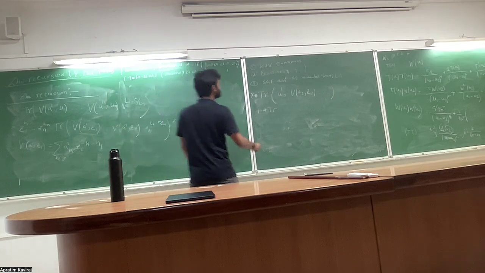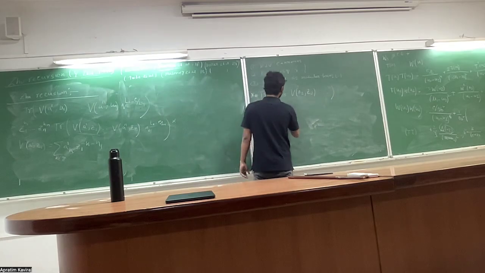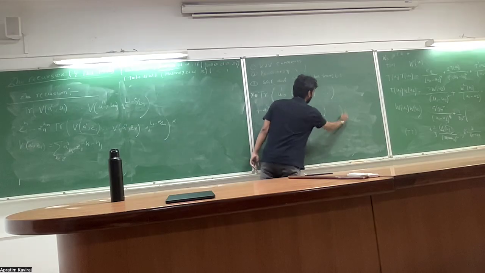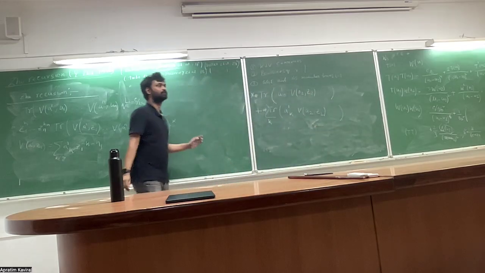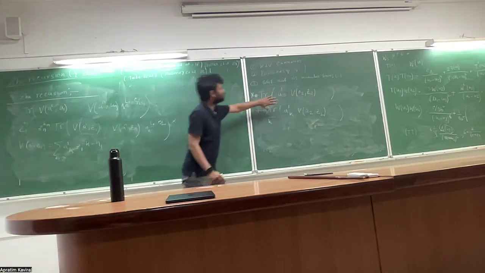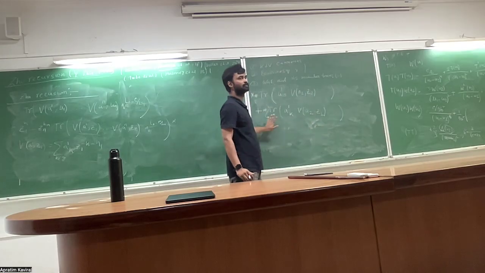So the next term is a sum over k, and then you have k. Okay, so I've distributed this sum. I have written only the zero mode and the rest of the modes here, and there are overall factors here.